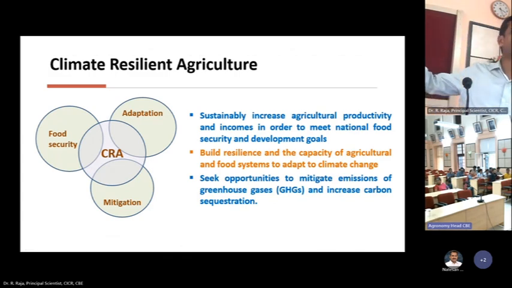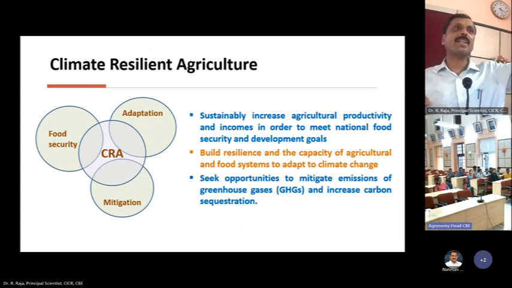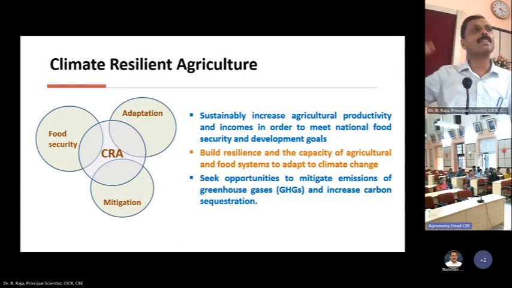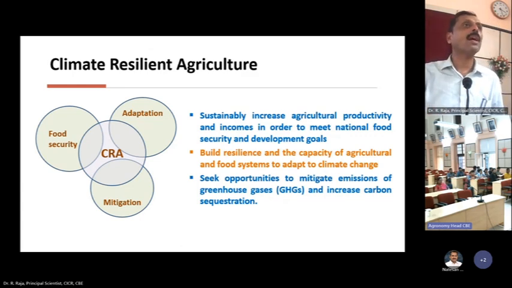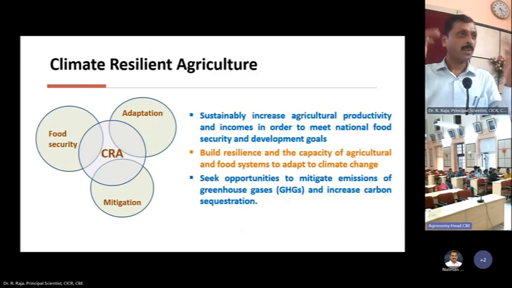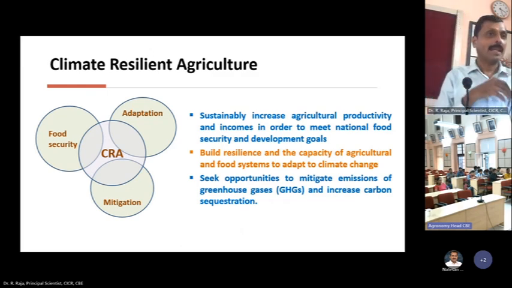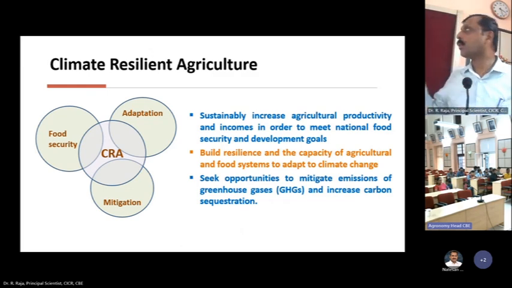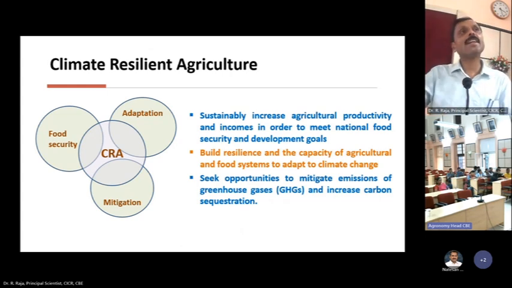Then we will come to climate resilient agriculture. Here there are three concepts: one is food security, another is adaptation strategy, another is mitigation strategy. On mitigation, individuals cannot do much. Governments should have international treaties so that emissions can be brought down to a certain level. Within agricultural practices, we can include what has a mitigation effect also.